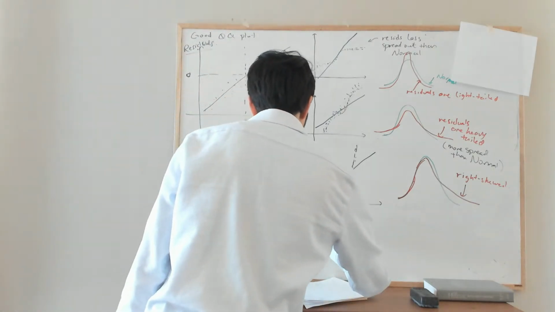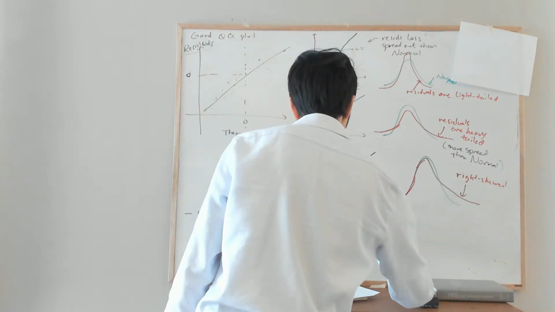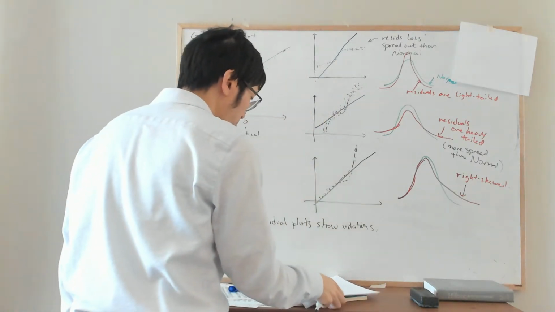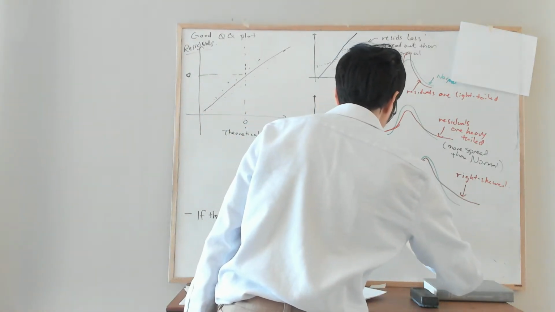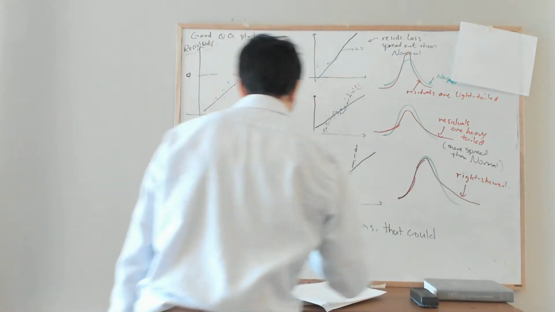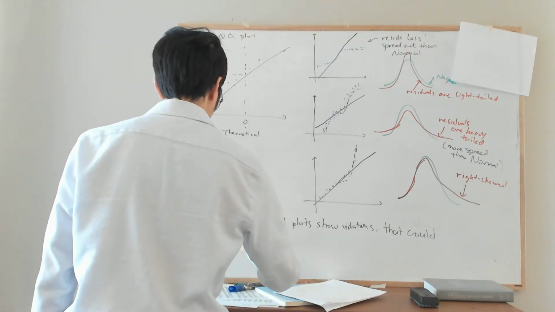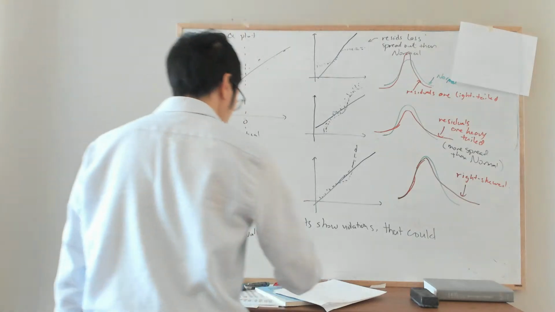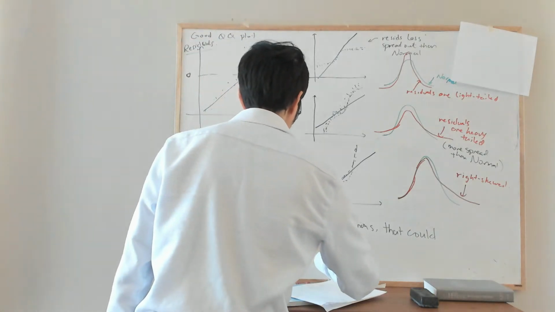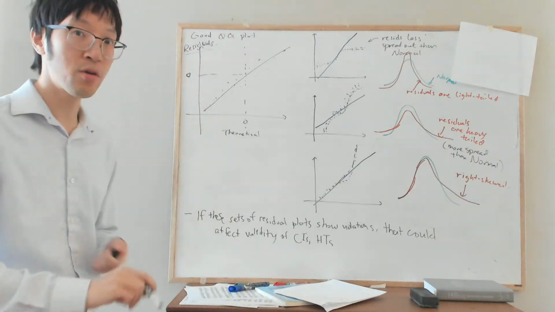If these sets of residual plots show violations, then that could affect the validity of, for example, confidence intervals and hypothesis tests that we make from the model.